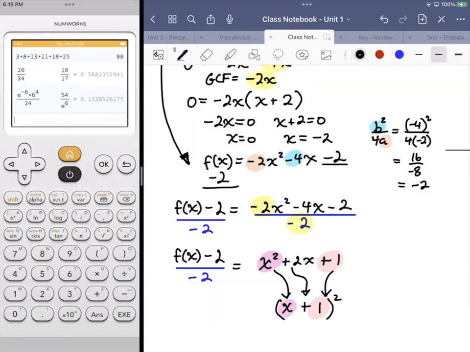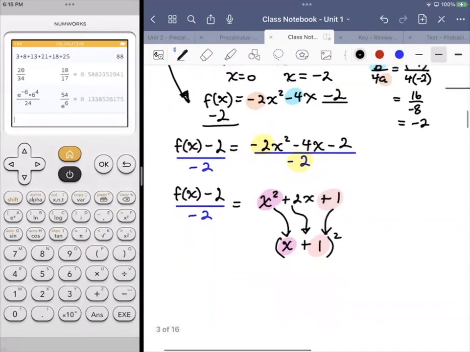All right, so those would be my factors. You could also write it as x plus 1, x plus 1, as a product, but it's more concise to write it this way.